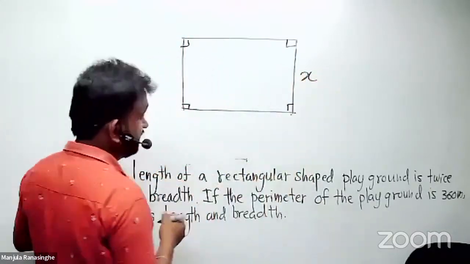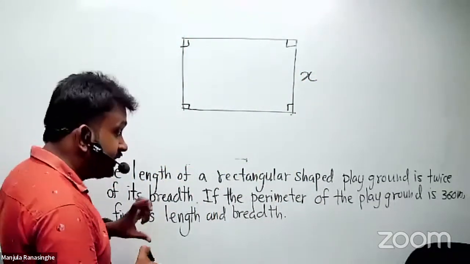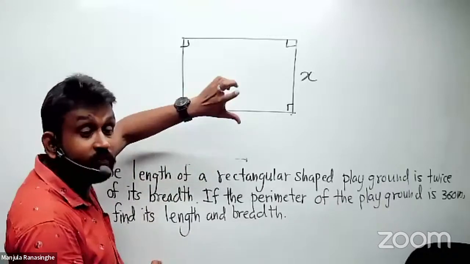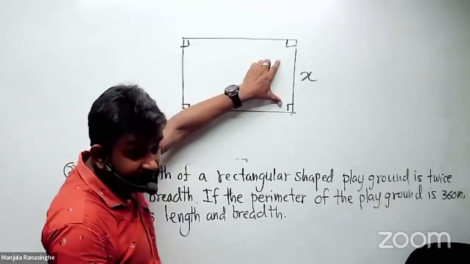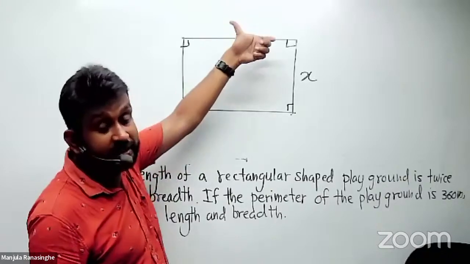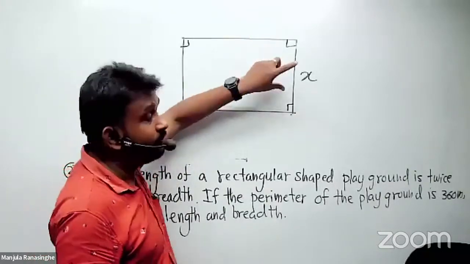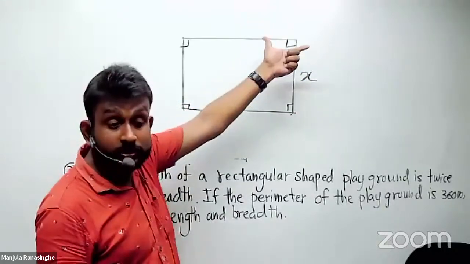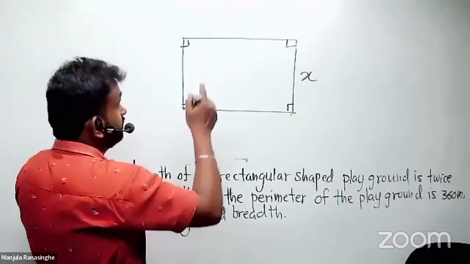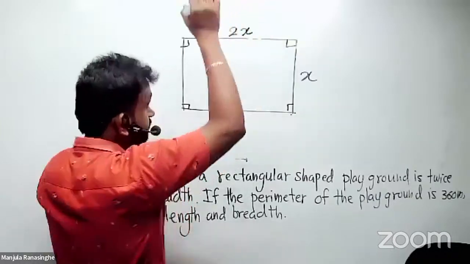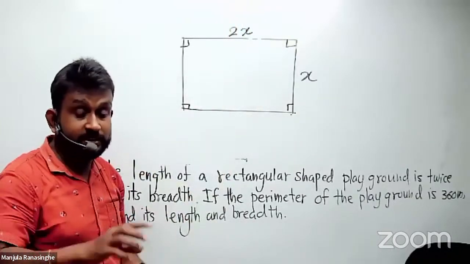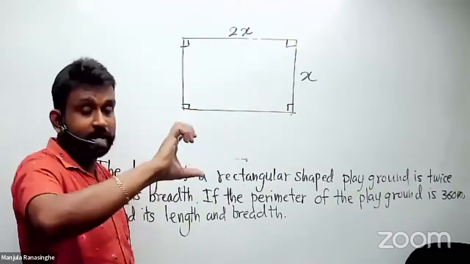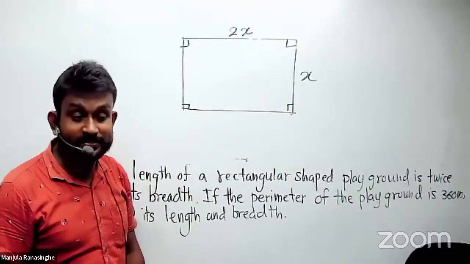The length is twice that breadth, so multiply by 2. x twice means x into 2, that gives 2x. So the length is 2x.